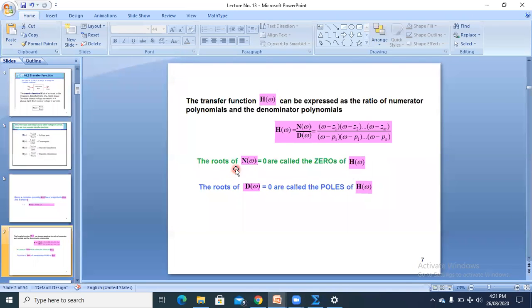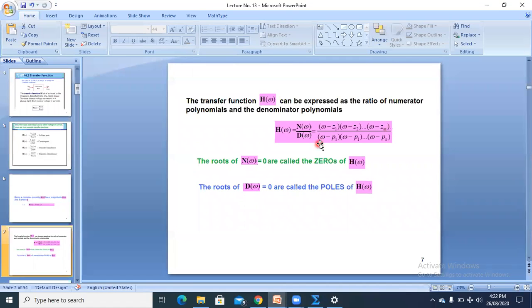To analyze the circuit, we transform the frequency response into this form, such that the numerator can be expressed in the form of roots. For example, if we have a polynomial having roots z1, z2, and zm, we can express this polynomial in the form of these roots.